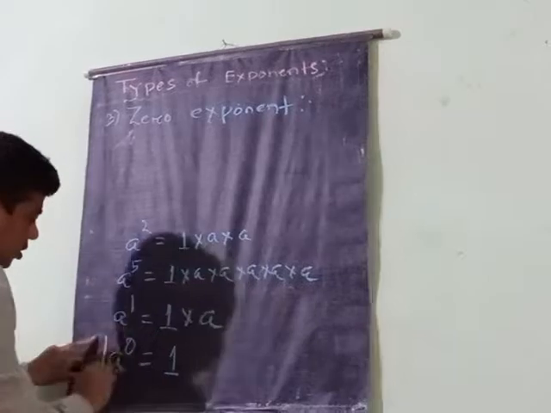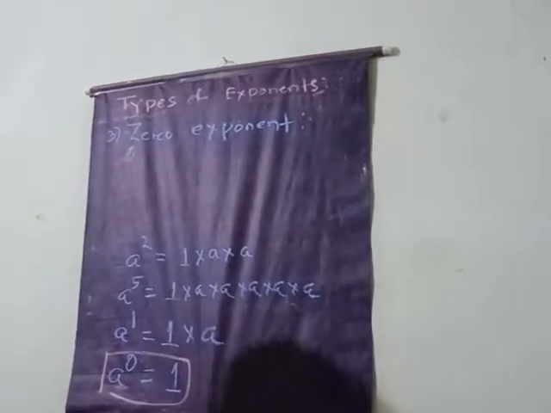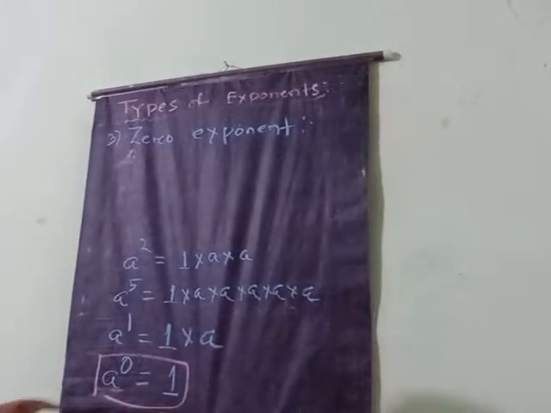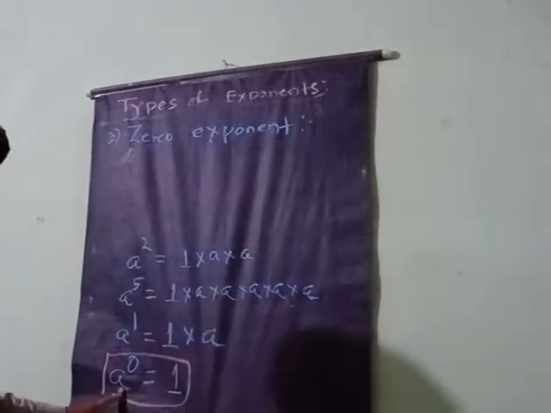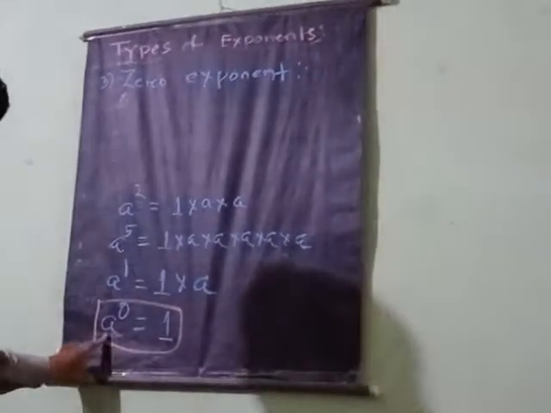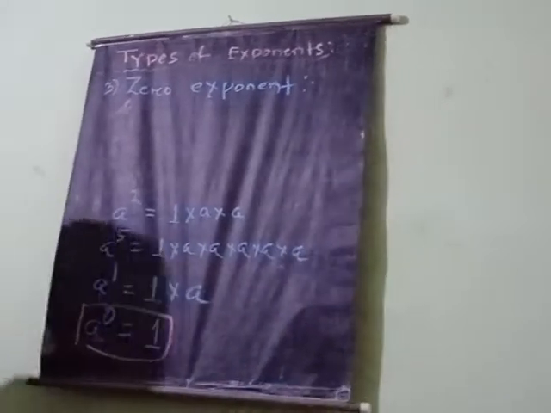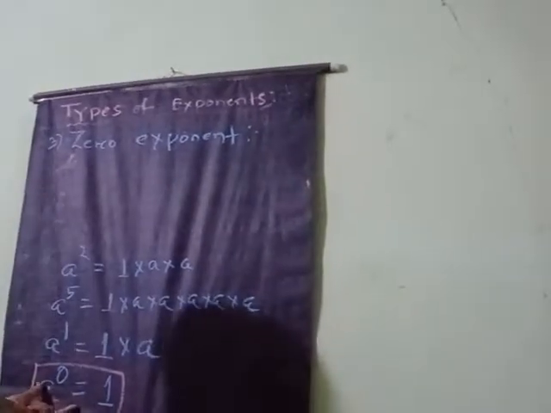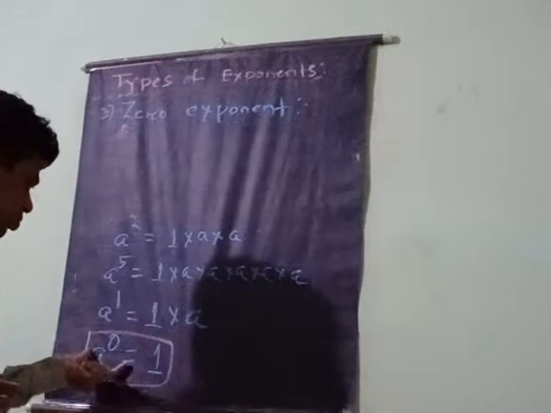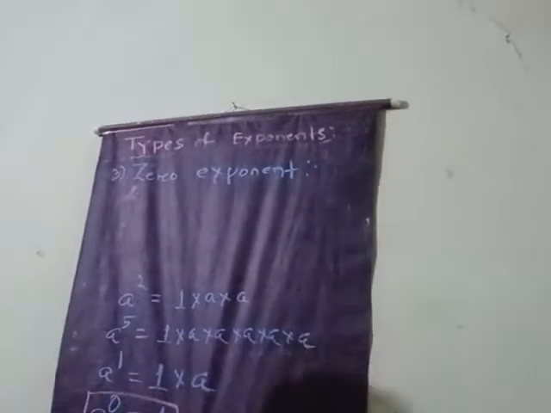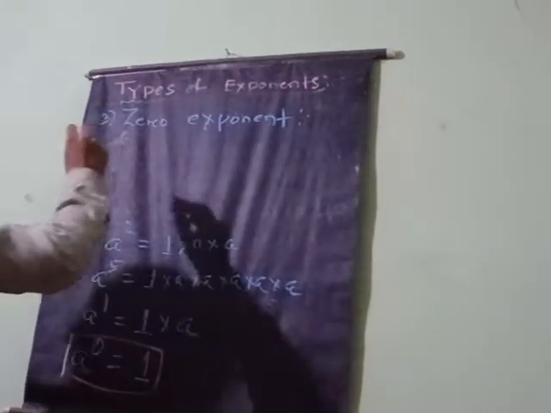So a to the power 0 is equal to 1 also. A to the power 0 means it is a 0 exponent when the base a is multiplied by 1 how many times? Power 0 means 0 times, means a to the power 0 is equal to 1. So you can also prove a to the power 0 is always 1. Understand? So a to the power 0 is a 0 exponent.